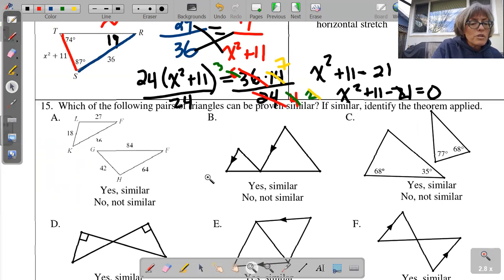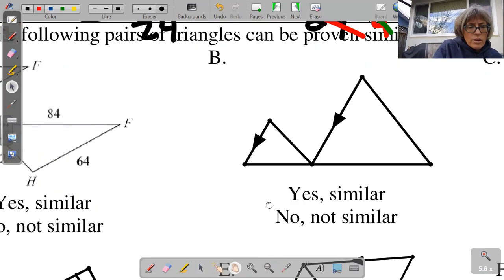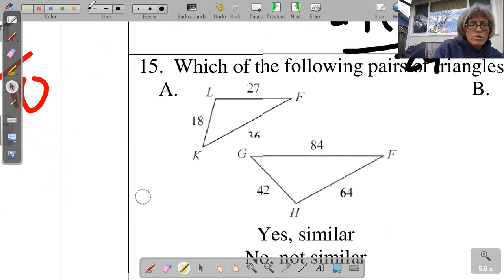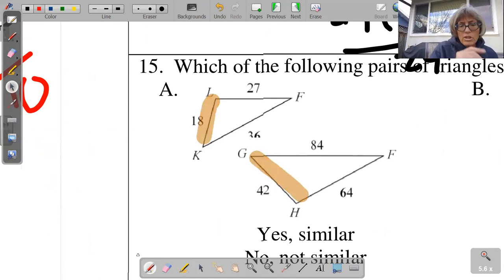Which of these can be proven similar? Here. Let's check short to short. 18 is short. 42 is short. You ask yourself what goes into both. 3. 3 goes in here 6 times. 3 goes in there 13 times.